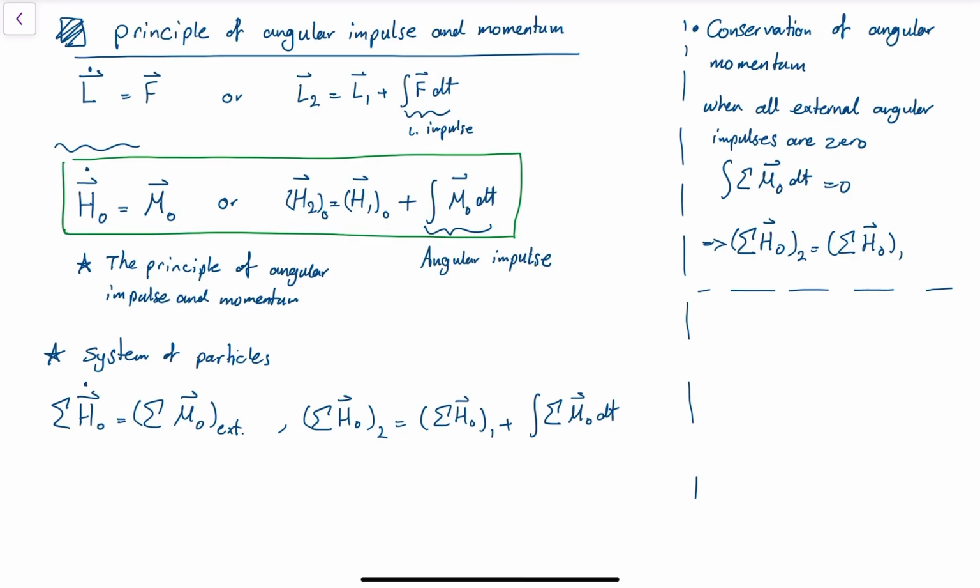And one other degree of freedom you have when you're dealing with angular momentum is that you can choose point O. So there could be some axes or some points about which the net external angular impulse is not 0, but you can search and find another point or axis that actually has all the external moments equal 0. You're allowed to search and explore and find axes that work better for you.